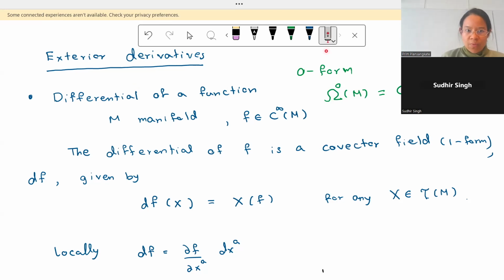A one form you can identify with a map that takes a vector field and gives you a function. Then you define the differential to be the one form that, when it acts on X and gives you a function, is the same function as when this vector field X acts on this function f, for any smooth tangent vector field.